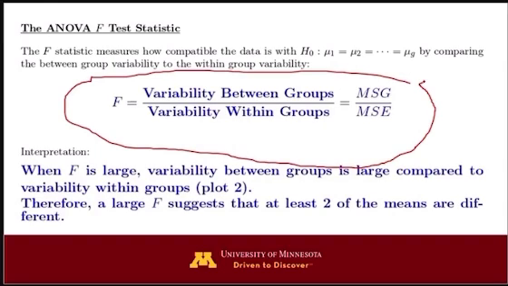When F is large, the p-value will be small. When the p-value is small, there is a high chance you're going to reject H naught. When the variability within group is large, the bottom is large and F is going to be small. When F is small, the p-value will be large. When the p-value is large, you will fail to reject H naught.